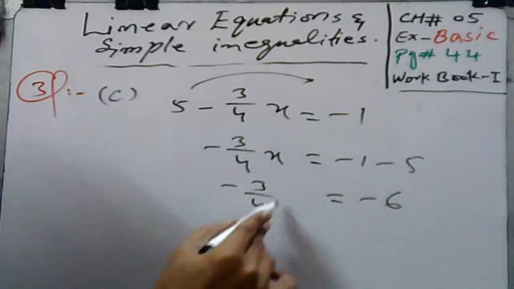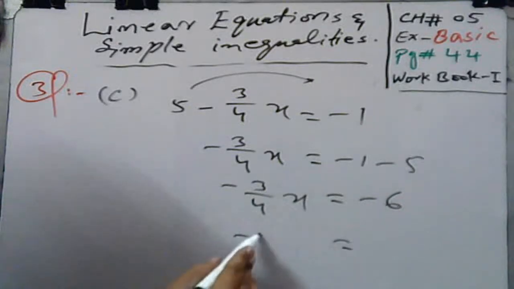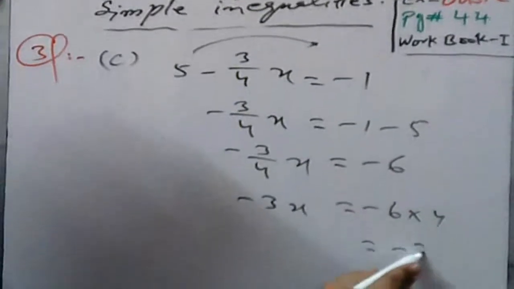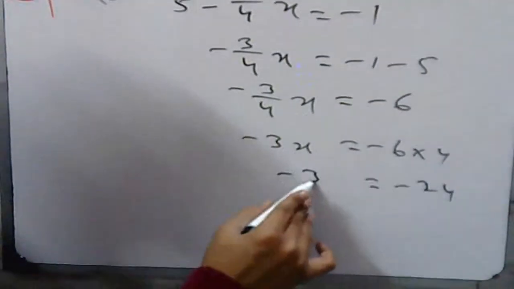So by using cross multiplication, minus 3x equals minus 6 multiplied by 4, you will get 24. So minus 3x. So the value of x is minus 24 divided by minus 3. 3 ones are 3, 8 3s are 24. So minus minus will be cancelled. So you will get 8. The value of x is 8.